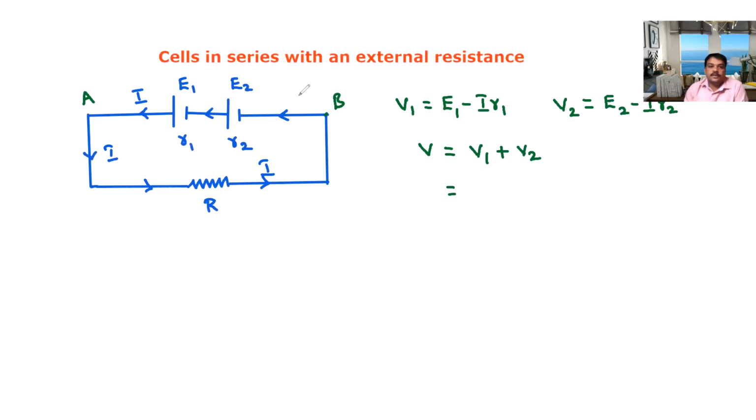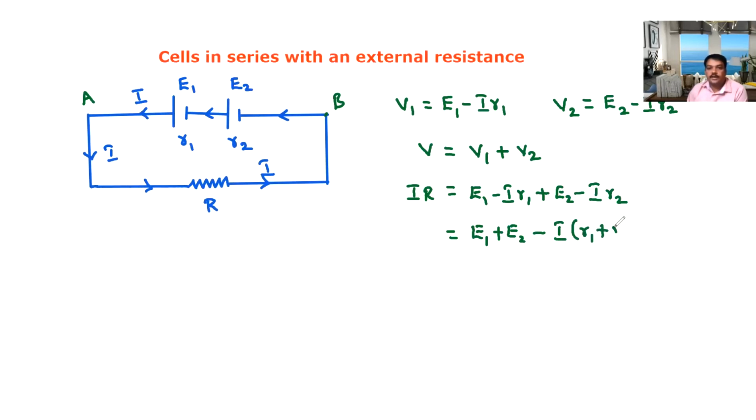The terminal voltage across the two cells is equal to the voltage across the external resistance, that is I into R. Substitute the values of V1 and V2: E1 minus I R1 plus E2 minus I R2, which is equal to E1 plus E2 minus I of R1 plus R2.